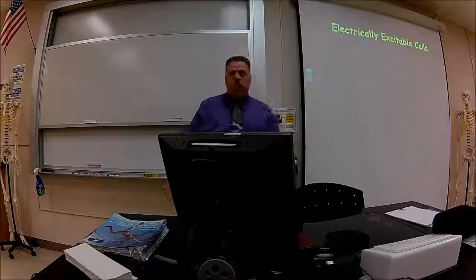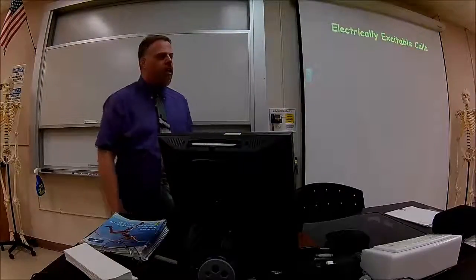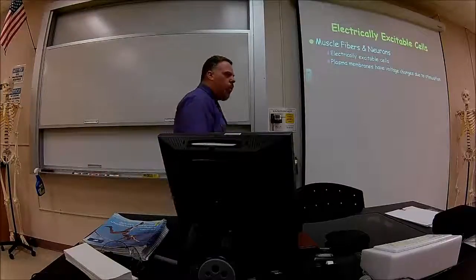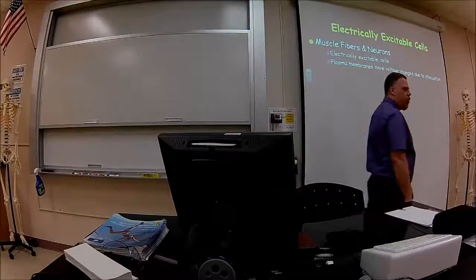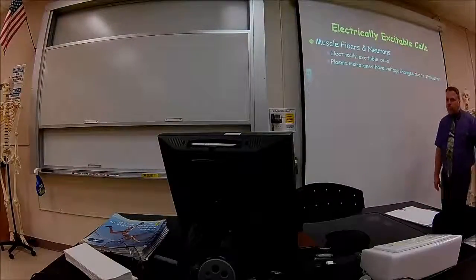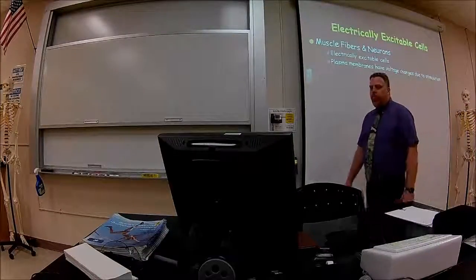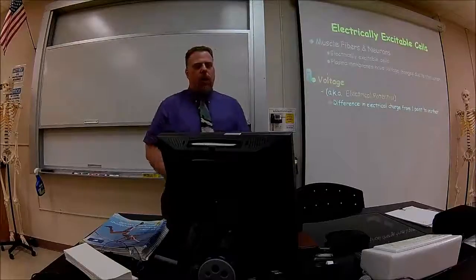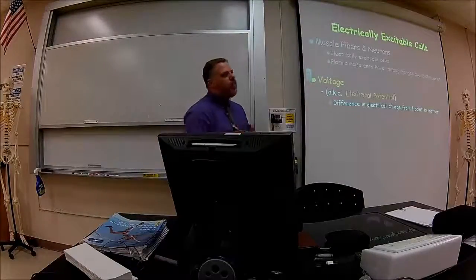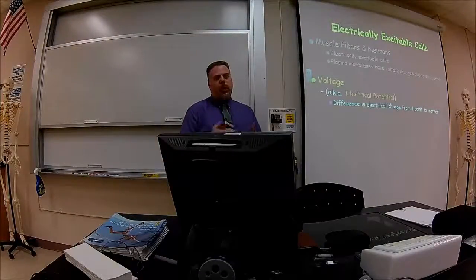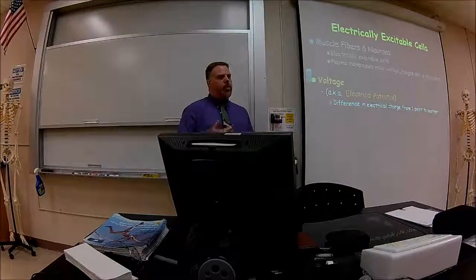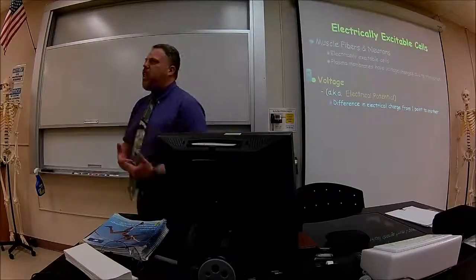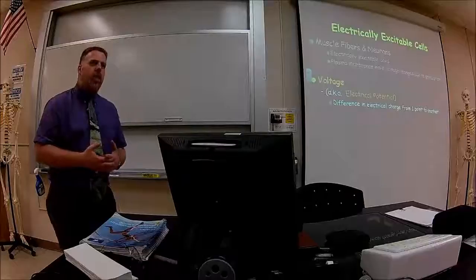Now, we do have cells that are electrically excitable. Neurons and muscle cells are good examples of it. They have a voltage that changes due to stimulation. This voltage is really a difference between one point and another point. The two points we're talking about are inside the cell and outside the cell.